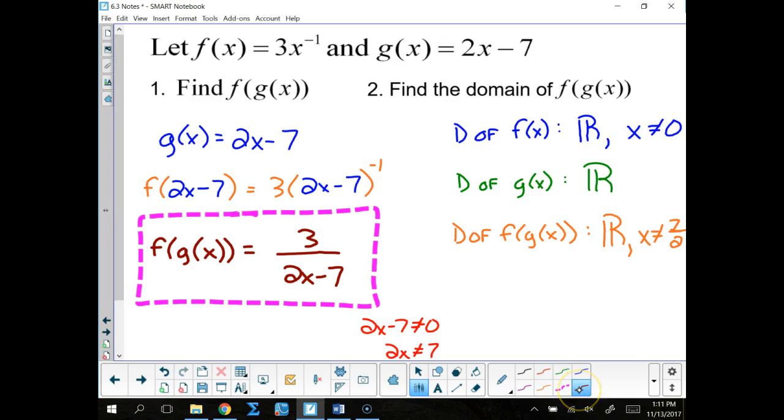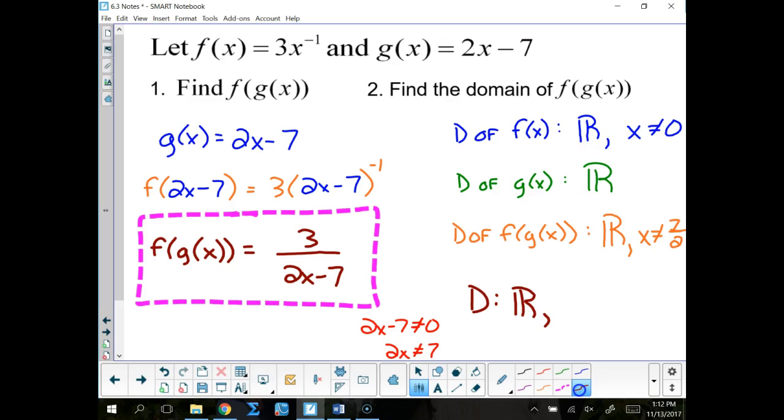It's the orange one? But what about the blue one? What's the domain? x can't equal 0 and x can't equal 7 halves?